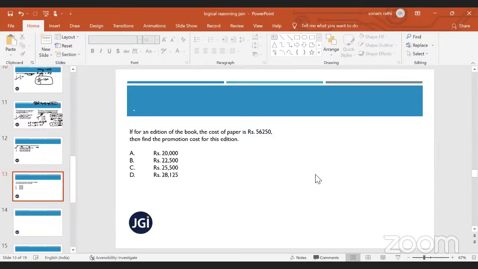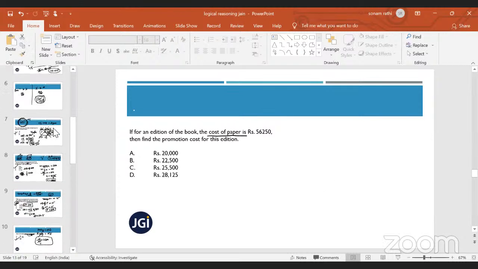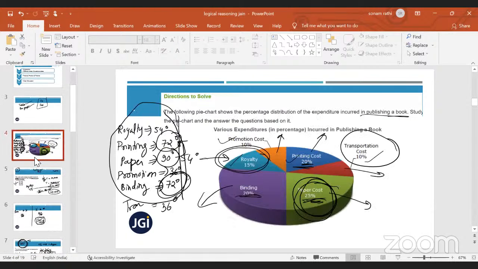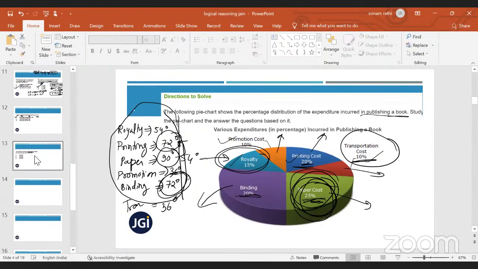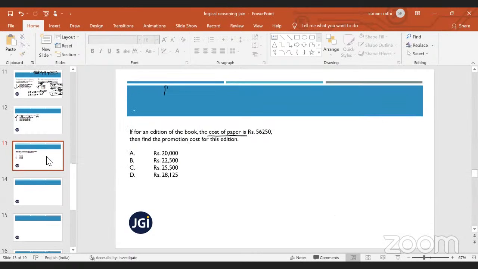Till now, they were giving us 1200 books or 5500 copies. In this one, you don't know that, but no problem. What is the cost of paper? Paper cost is 25%, correct? And transportation cost is 10%.